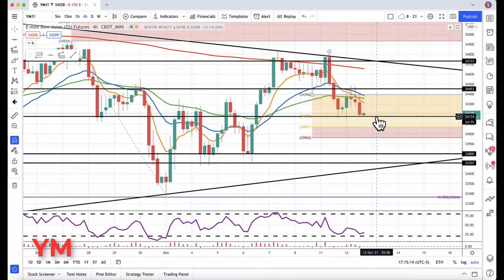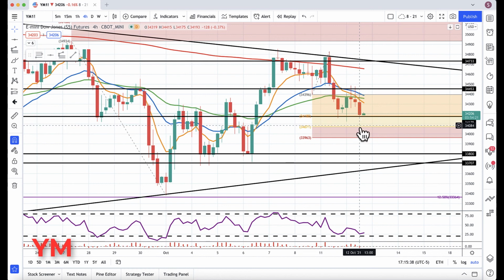You see here we had a key level of 34,175 area. So we had that significant level and the double price projection, which was the first level to move down to, and it's holding there on a closing basis. So this has turned into very key support.